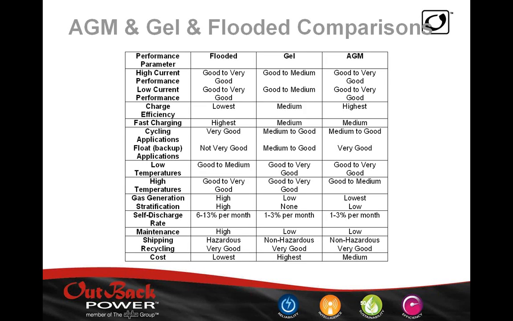Here's a comparison table that compares AGM, gel, and flooded batteries by application. I'm not going to go too much into this, but a thing to note here is also the self-discharge, which I haven't really talked about. Gel and AGM batteries will self-discharge a lot less than a flooded battery.